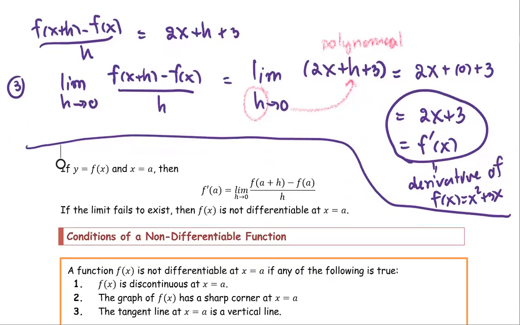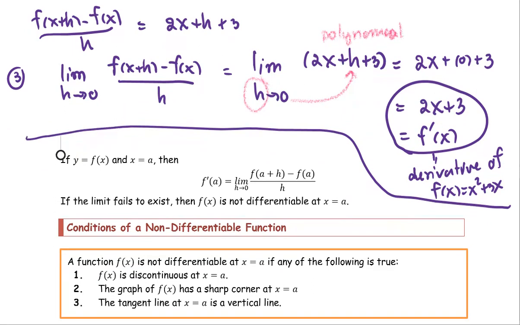I just want to show you that you can write the slope in a different form, which is called the difference quotient. Then you can take the limit of the difference quotient, which gives you the derivative, and the continuation part of it.